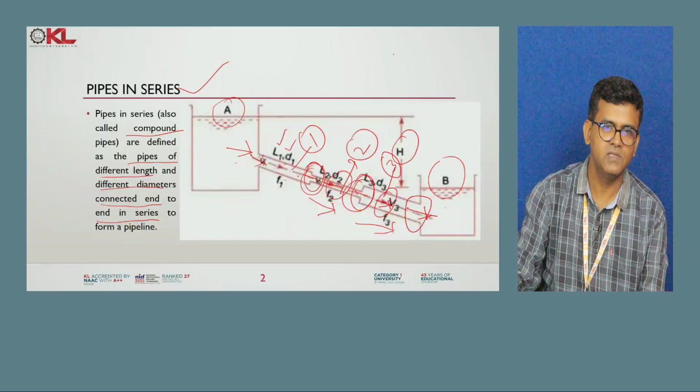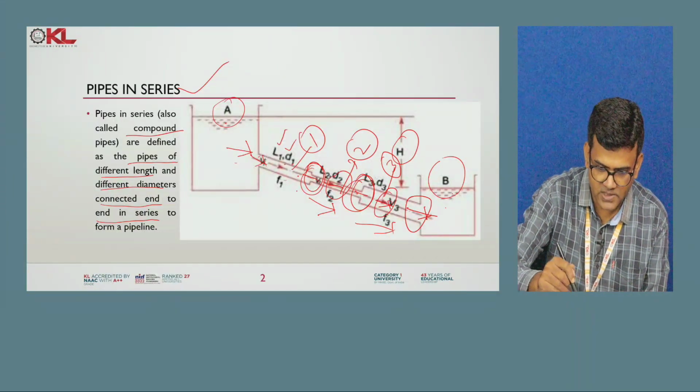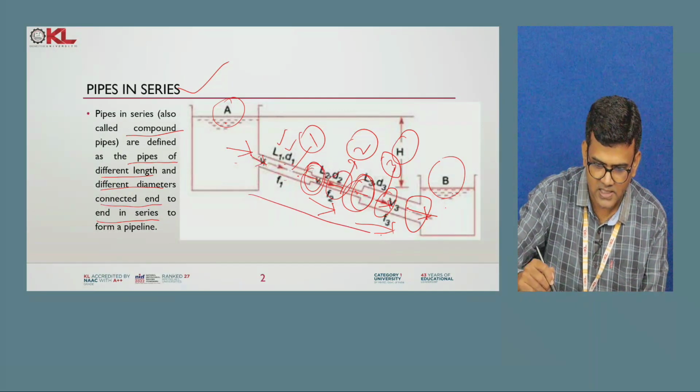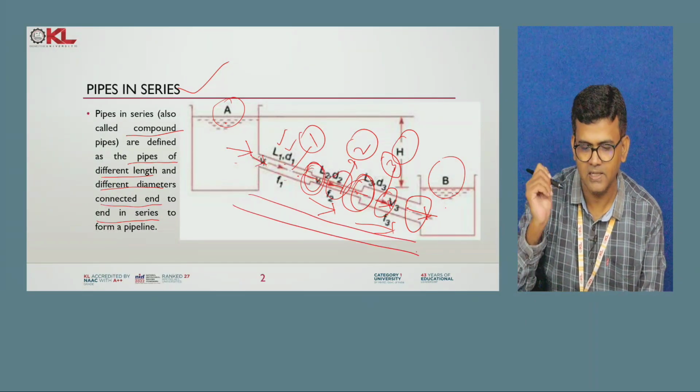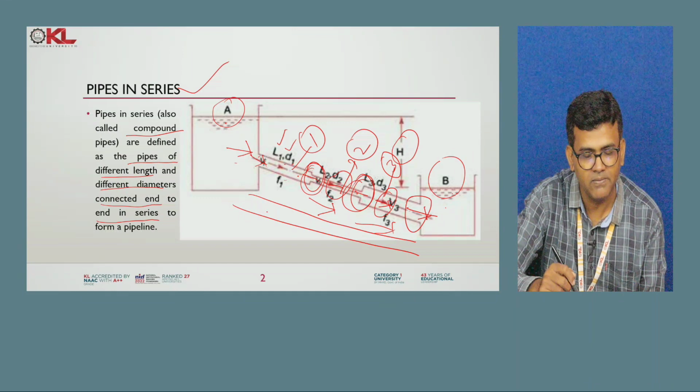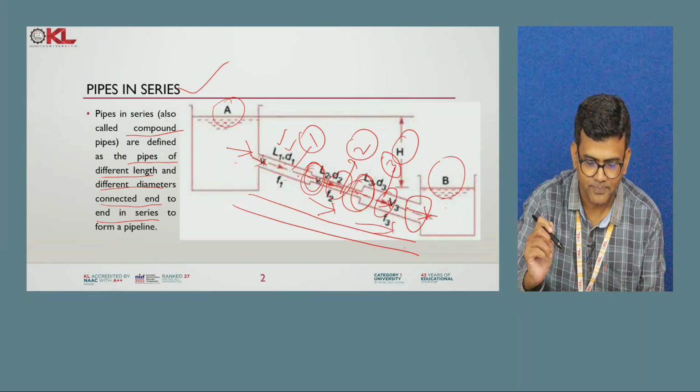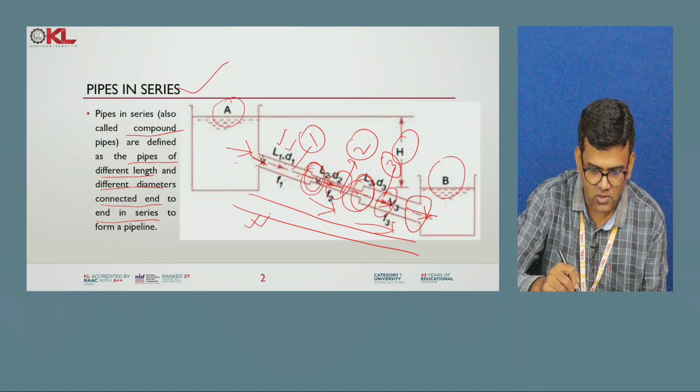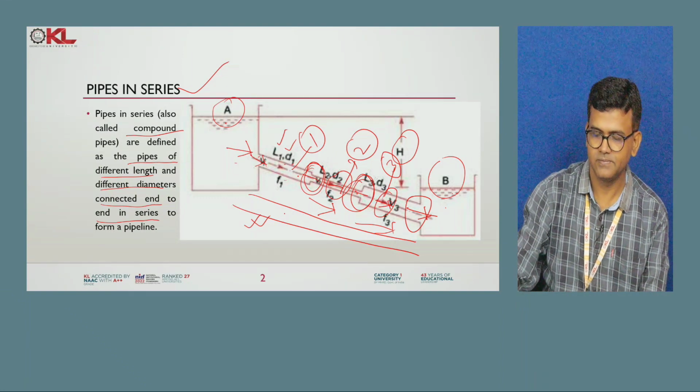That means, if you see the previous picture, if the pipes in series are replaced by a single pipe, that single pipe will have the same diameter throughout. That single pipe is called the equivalent pipe.